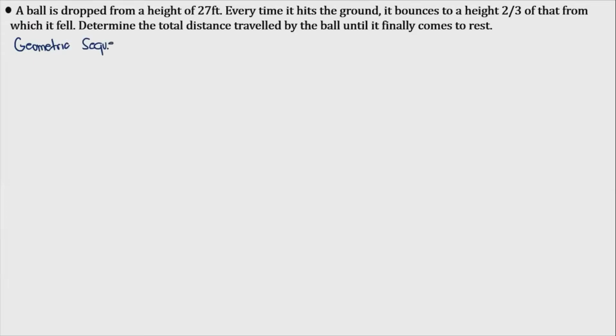Geometric sequence. So, kung geometric sequence to, ano yung common ratio niya? Ang common ratio niya is 2/3. Na-indicate sa problem, to a height of 2/3 of that from which it fell. Kung mapapansin nyo, doon sa principles part, balikan nyo, dalawa yung formula natin for the sum of terms para sa geometric sequence: isang infinite sum, tsaka isang finite sum.